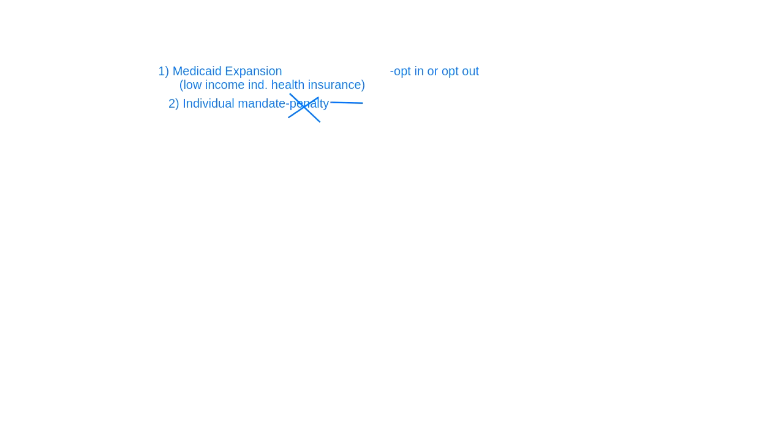And because Article 1, Section 8 says that Congress gets to tax, the individual mandate portion is okay and is deemed constitutional. So that was the Supreme Court's holding as it related to the Affordable Care Act. Now let's talk about this first portion, the Medicaid expansion, the opting in or the opting out. Go back to our PowerPoint real quick.